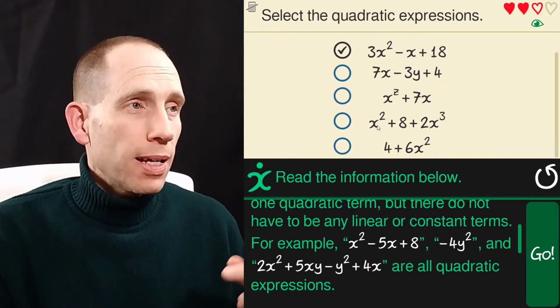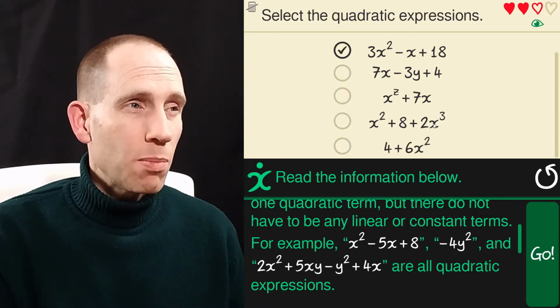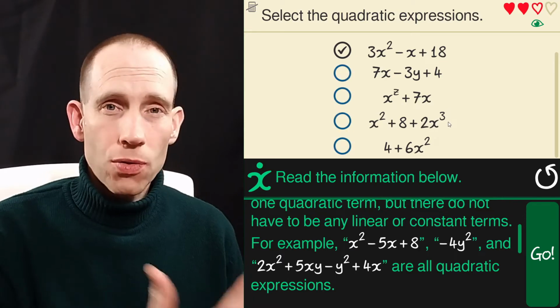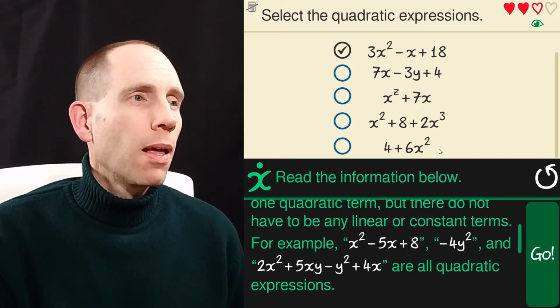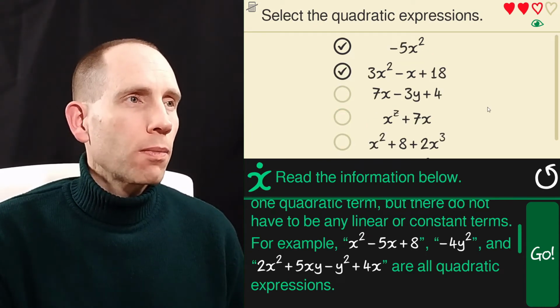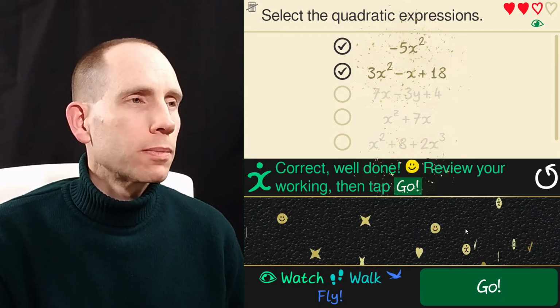Then this has got a quadratic in x, a constant, so they're both okay, but then the third term is a cube term, so that's actually got 3x factors being multiplied together, so that's not a quadratic. And then the last one, we've got a constant and an x squared. Okay, there we go.